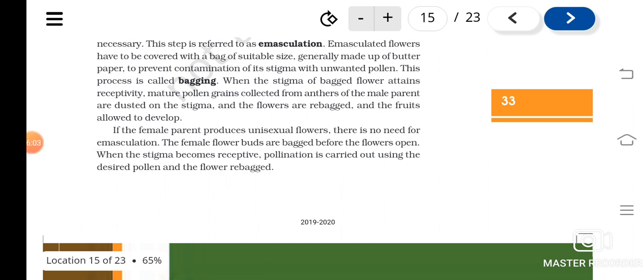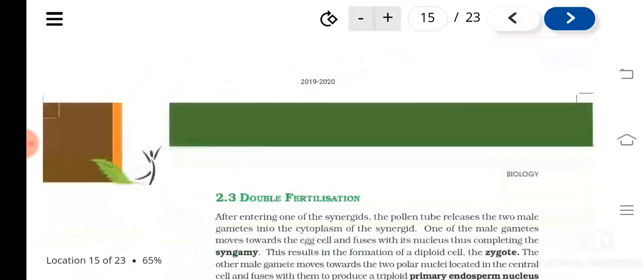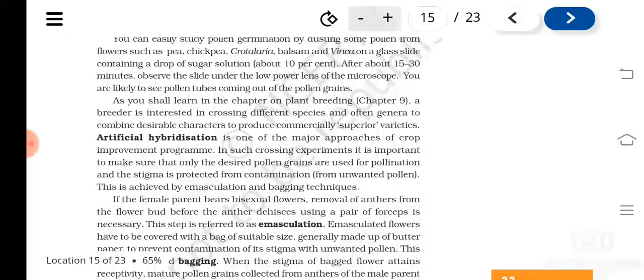When the stigma becomes receptive, pollination will be carried out using the desired pollen, and then it should be rebagged. So this artificial hybridization was asked once. Different steps of artificial hybridization, so what are they? First, selection of the parents, isn't it? We should select the parents.